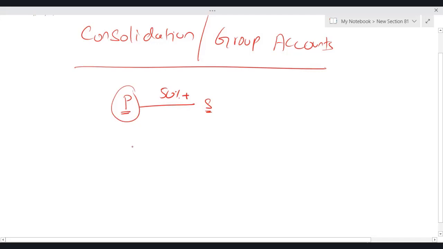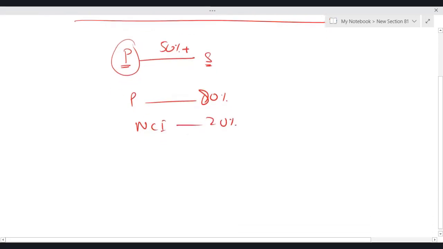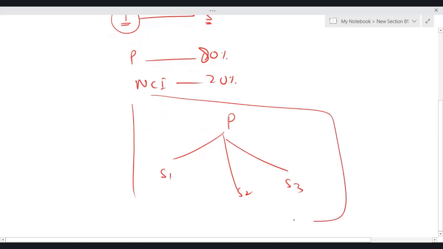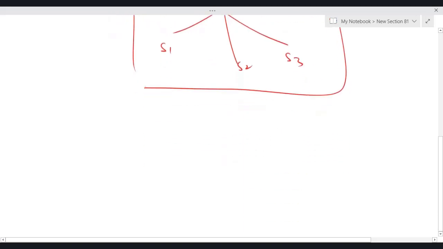For example, if the parent is having 80% holding in the subsidiary, then it means NCI is having 20% holding. Fine. We have parent, let's say we have S1, S2, and S3. This is one possible group structure, which is called a simple group structure. There's another possibility as well.